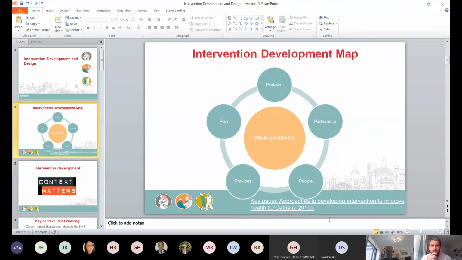Okay, so I just wanted to introduce this development map. This is something that had been put together in a research paper by Catane in 2019.